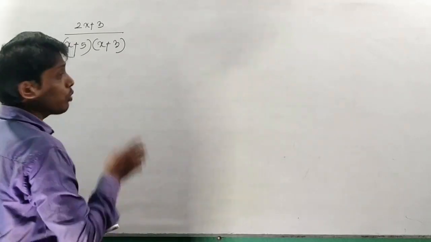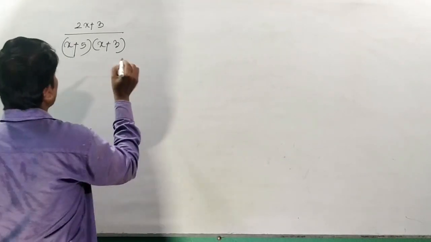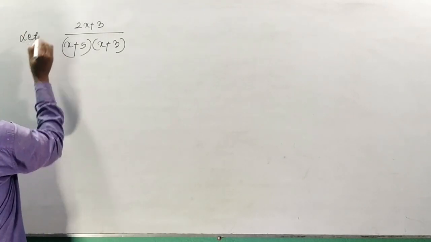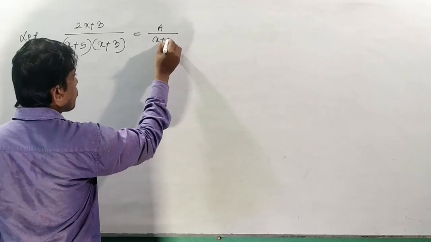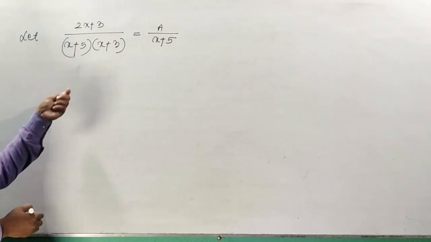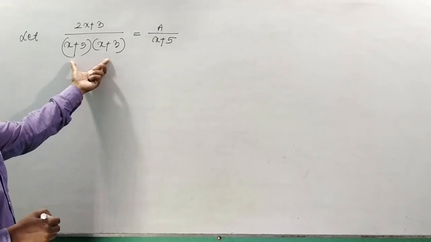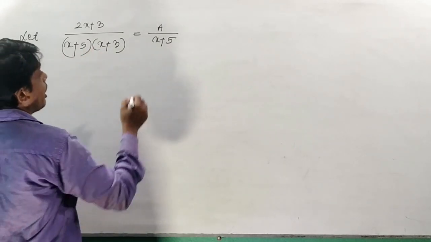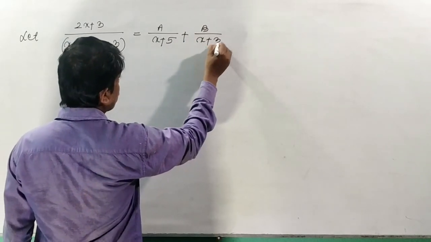But if we take the procedure, then we find it easily. So let us take, what is the procedure? Let this be equal to a by x plus 5. This case is the linear and non-repeated case, first case. So a by x plus 5 plus b by x plus 3.